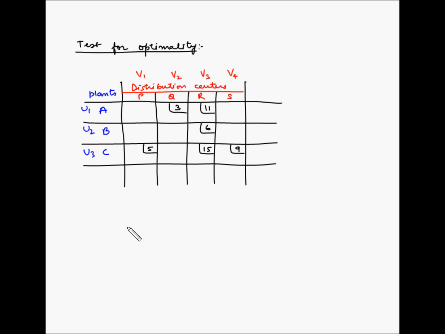Now the next step is to compute the values of u and v for stone squares such that ui plus vj is equal to cij, and from this equation we'll find the values of ui and vj.